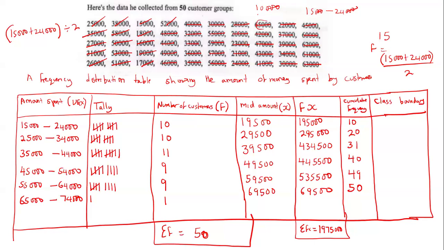Who wants to take us through the class boundaries? What are our class boundaries? Okay, yes, Gavanian. It is 15,000. You first cancel the three zeros, then you get 15 minus 0.5.